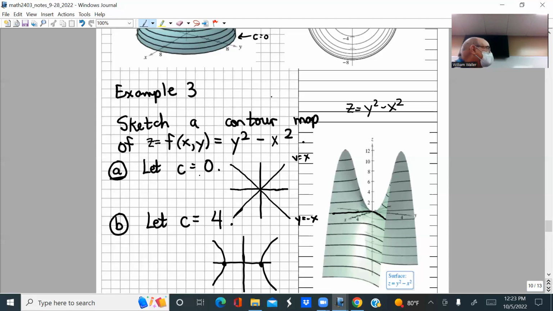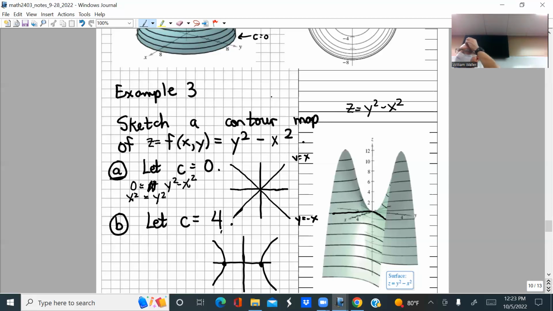When you're trying to discover one of the contours or level curves, you just choose a value for c and set z equal to that. So for the xy trace, you're going to set z to 0. So you would get 0 is equal to y squared minus x squared, or better known as x squared equals y squared.